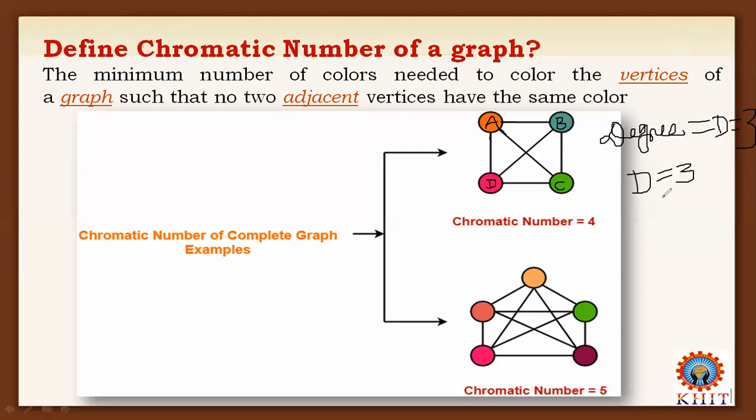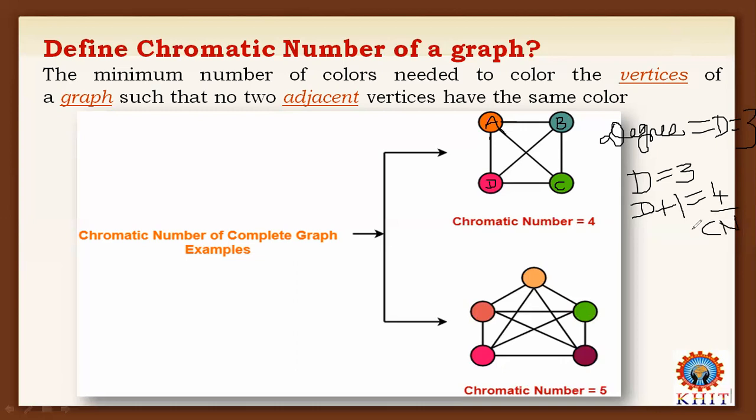But you need to color the given graph with the maximum number of colors, that is D plus 1. That means you may color the given graph with a maximum of four colors. That is considered the chromatic number, Cn.